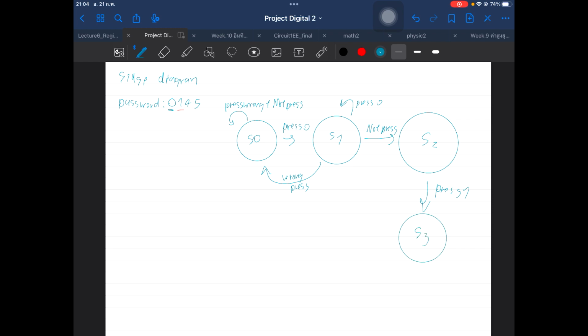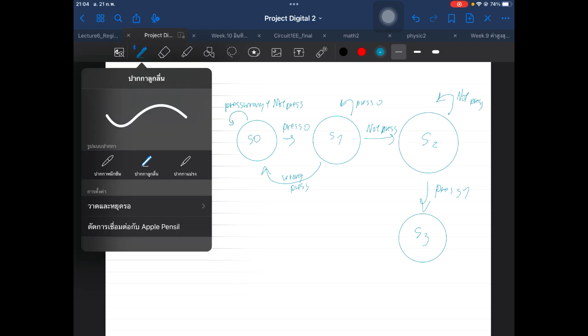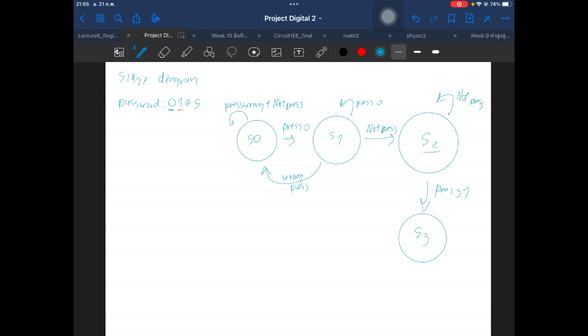But if you do not press or do not key the number, it is the not press case. When that condition appears, it will stay in state 2.